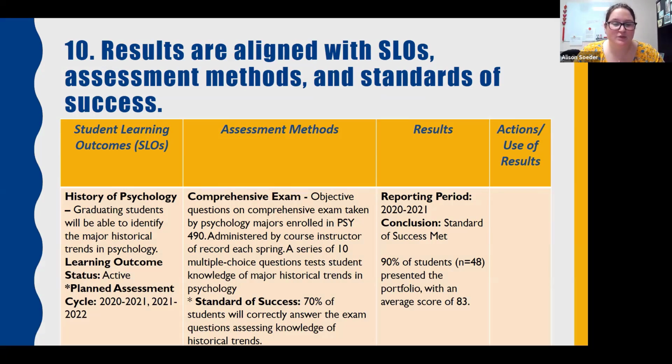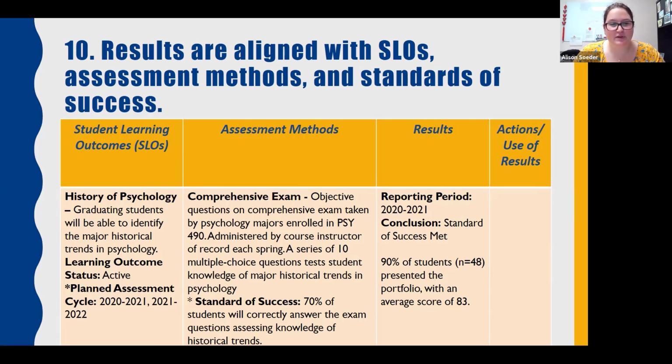So in this situation, we would definitely mark this for revisions and email the author to ask them to confirm that this is the result that should be reported for this item, or to maybe double check what their assessment method results were, that kind of thing. To the reviewer, it doesn't make sense that we're talking about a comp exam, and then in the results, we're talking about portfolio presentation.